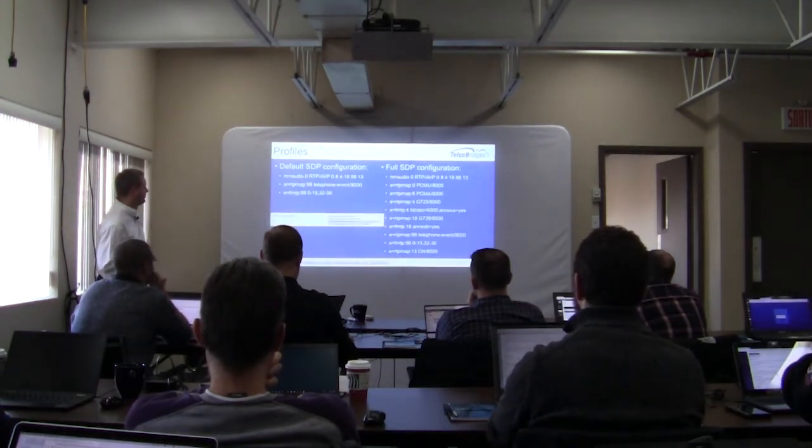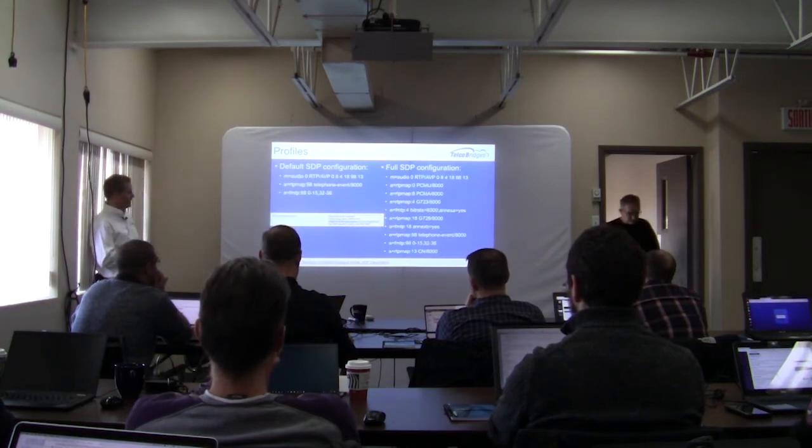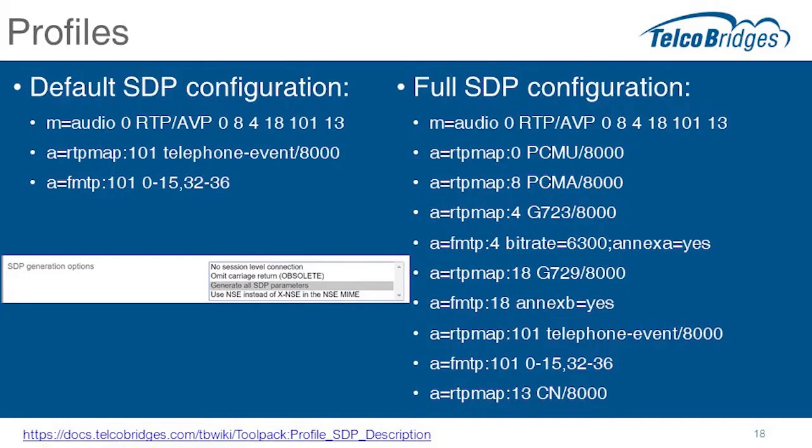Other things you can do in the profile. The default SDP configuration is this one, and you see it's very short. It only has a 98 described here in the information. If you want to do the same thing but describe it fully, you would need to do something like this. 0 here is PCMU and 8 is PCMA, and then 4 is G723, and G723 has more parameters.